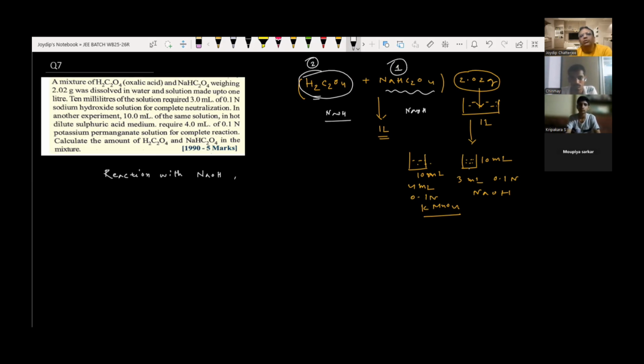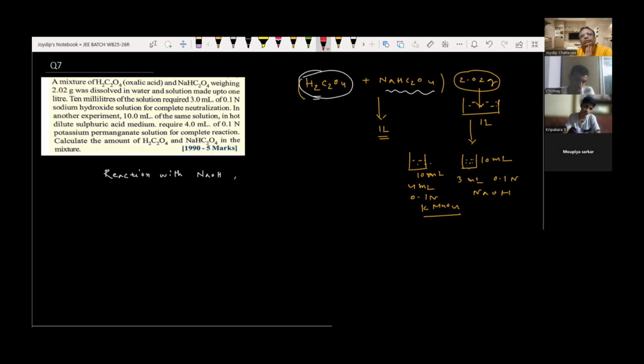Okay, fine. If we consider reaction with KMnO4, then what will be the N factor? Not the acid-base neutralization reaction. The oxalate part will be converted to CO2.